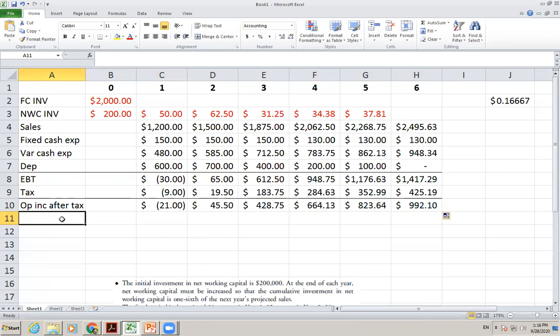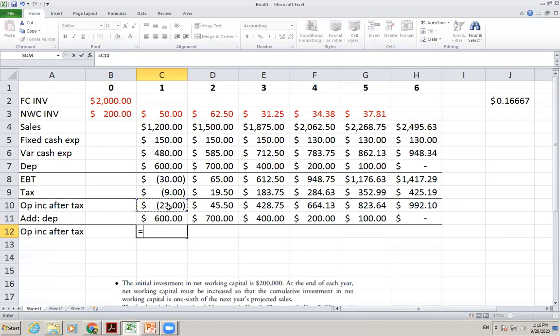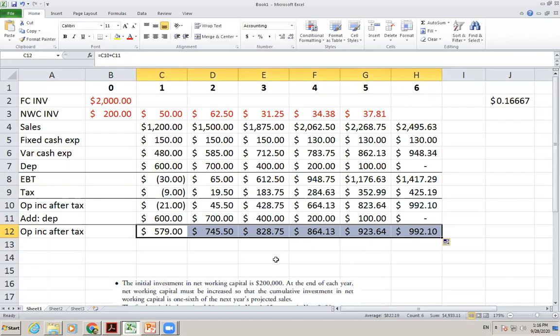And we add back the depreciation amount. This is what we all know. Operating income after tax is equal to this.